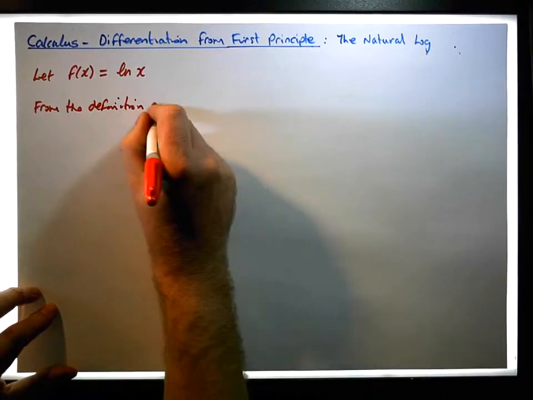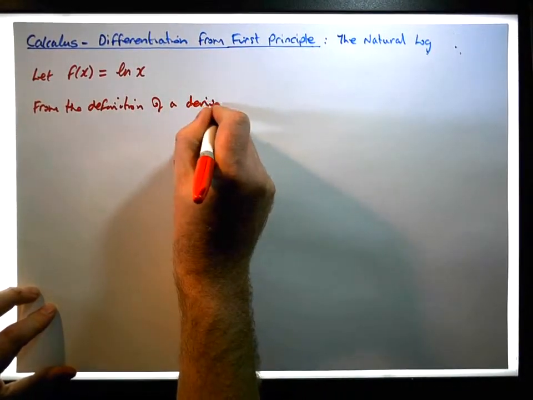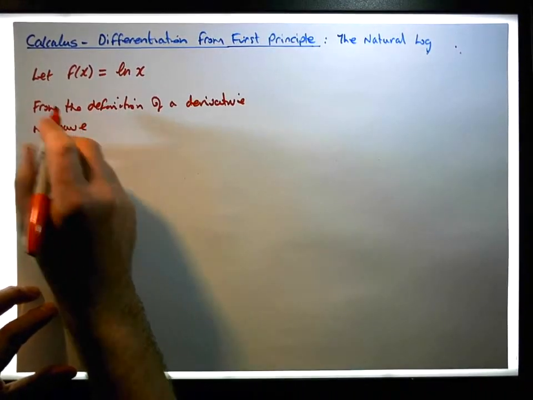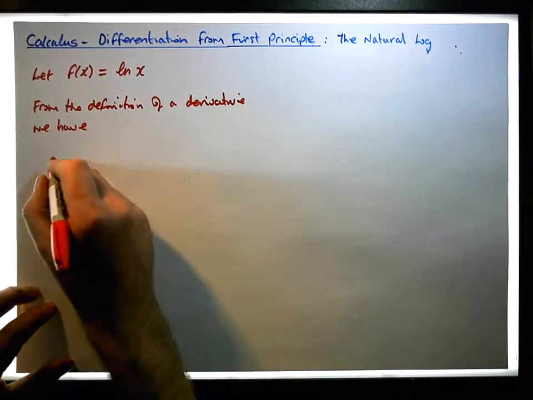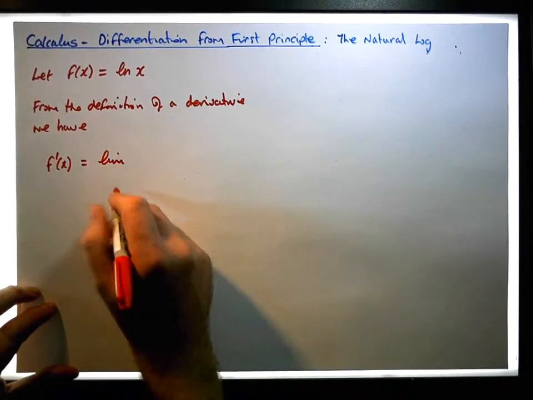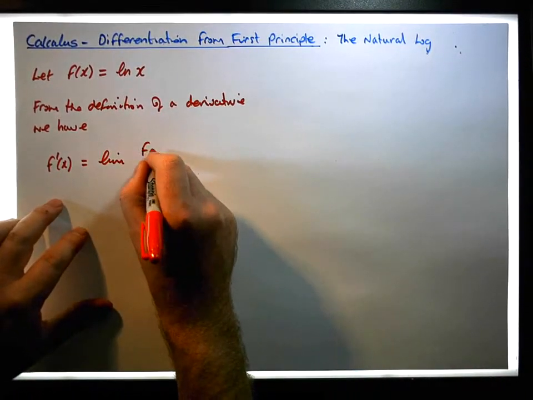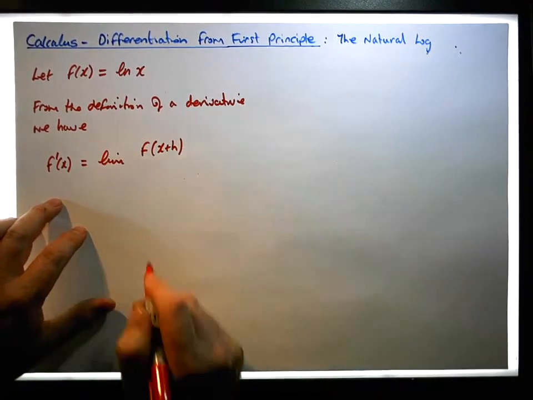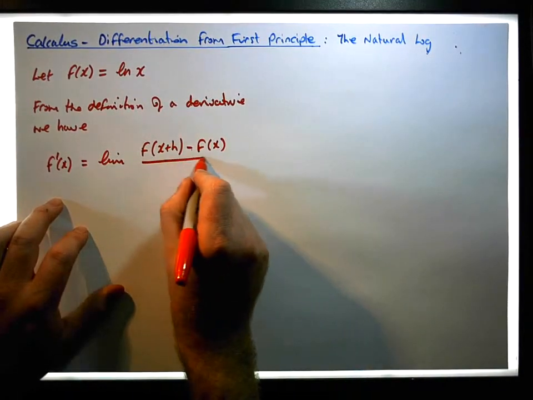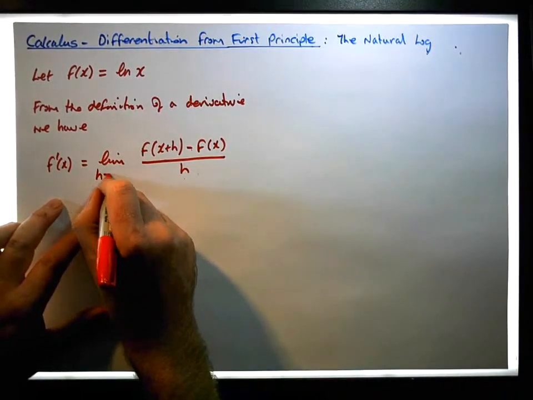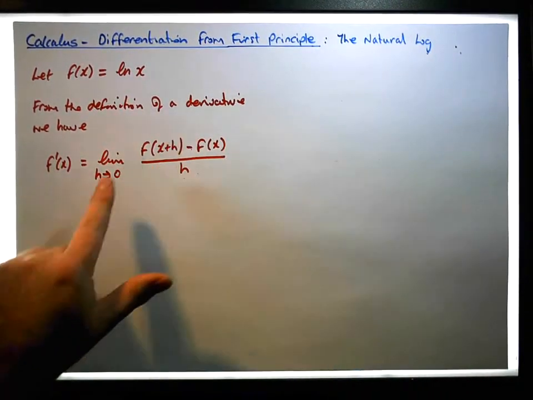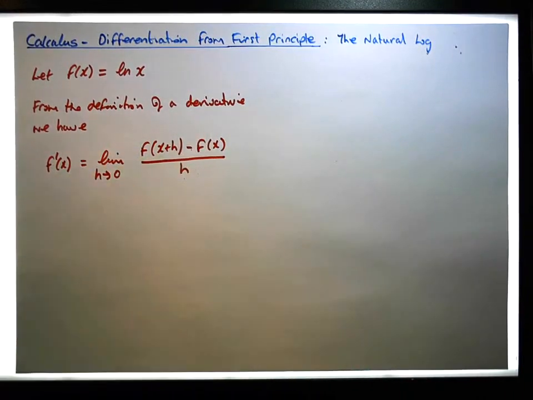From the definition of a derivative, the derivative of this particular function, f prime of x, has to be equal to the limit of f of x plus h minus f of x, all over h, as h tends to 0. And that's our definition of a derivative in relation to limits.